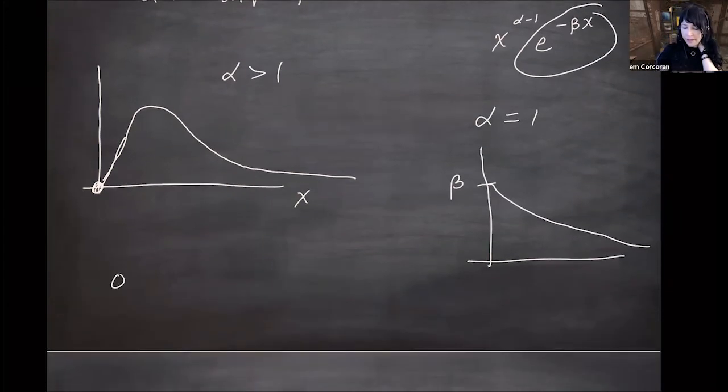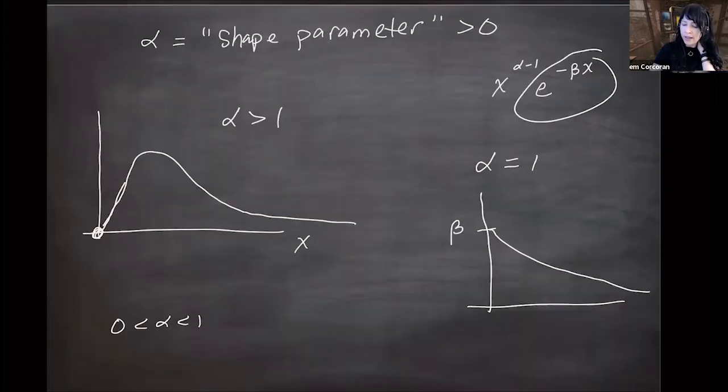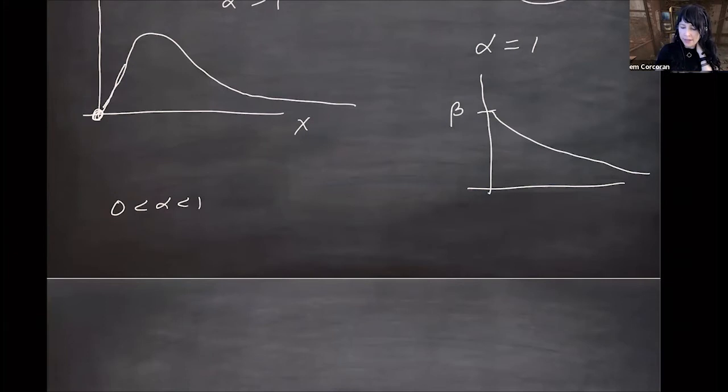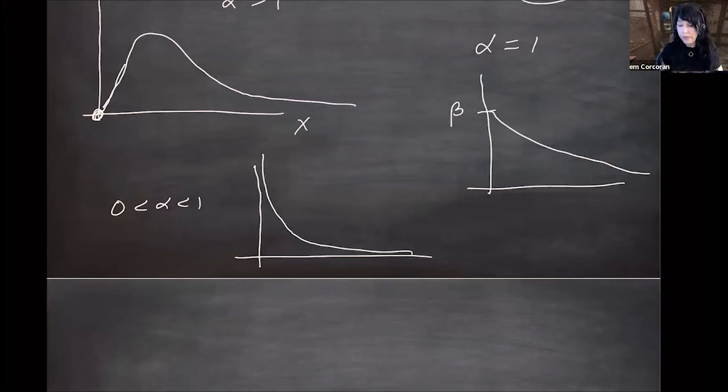And then finally, if alpha is between 0 and 1, then you have x to a negative power, and if you plug in 0, you have like 1 over 0. So it is blowing up at the y-axis. You get something that is just asymptotically approaching the y-axis and then coming down.